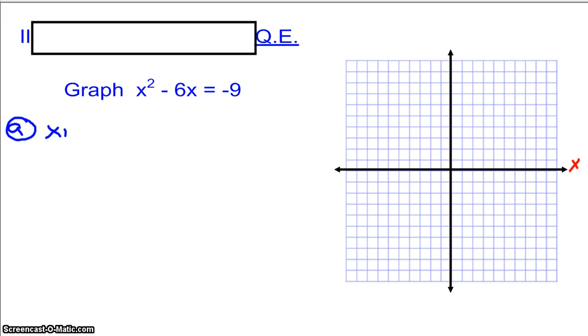Let's start with finding our x-intercepts. So, Andrew, what do we do to the equation? Okay, so you end up with x squared minus 6x plus 9. He says set this equation equal to 0. Good. And this is the equation that we need to identify things, because it's standard form, right? And so now, Andrew, tell me, what are the factors of this? Is it factorable?